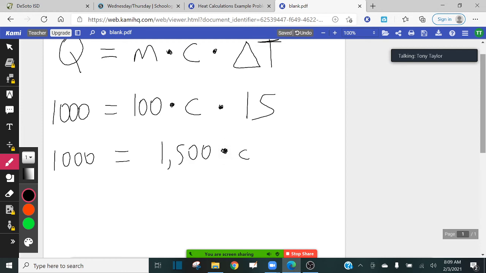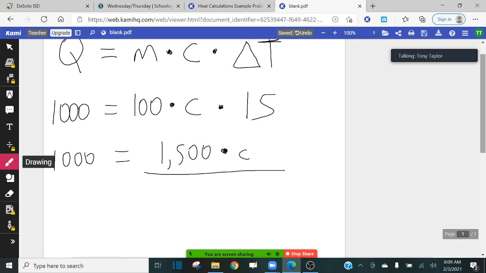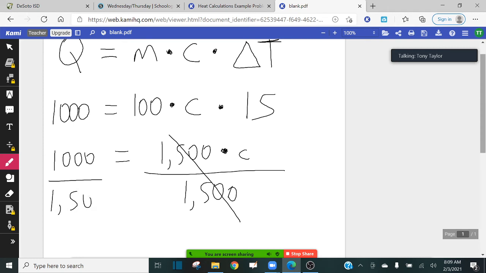And you guys know how to solve that equation for C. In order to solve this equation for C, we're going to have to divide by 1,500. So we're going to divide this by 1,500. That goes away. Whatever we do to one side of the equation, we have to do to the other.